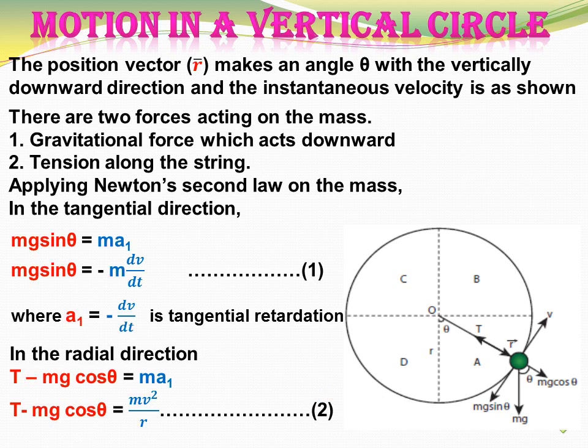Here T refers to the tension of the string, and mg cos theta is in the radial direction. This equals m into a1, so T minus mg cos theta is equal to m v square by r. Let us have this as equation number 2.